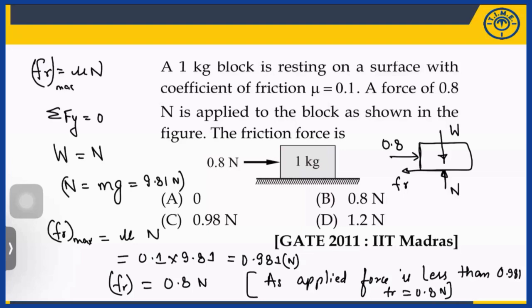This is the 12th standard concept. Suppose you are applying the 0.5 Newton force. 0.5 Newton force is acting. What will be the value of friction force? Can you tell me, Raj?